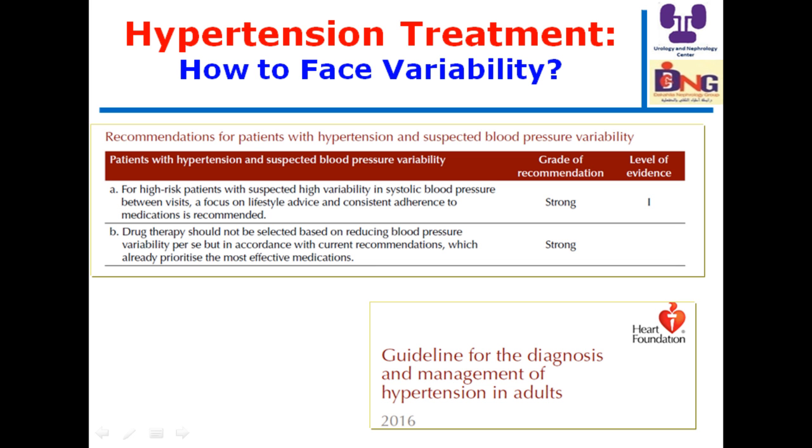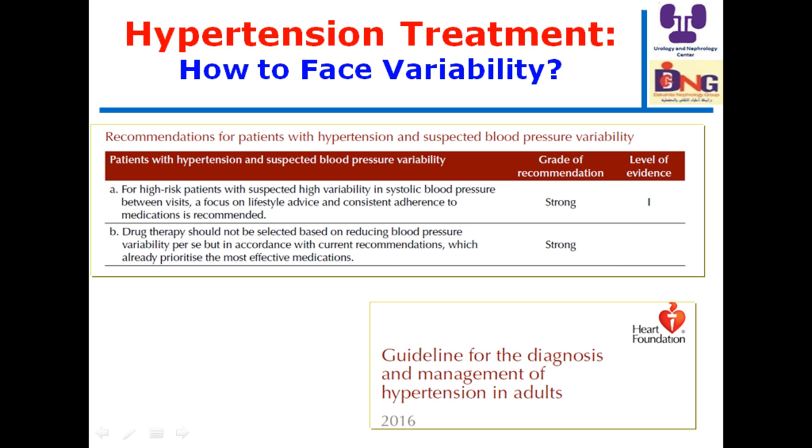So we should think of these two important parameters. Drug therapy should not be selected based on reducing blood pressure variability per se, but in accordance with current recommendations, which already prioritize the most effective medications. Both of these are strong recommendations.